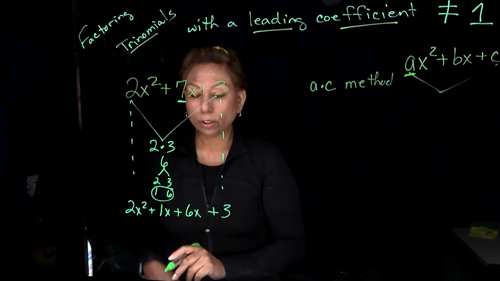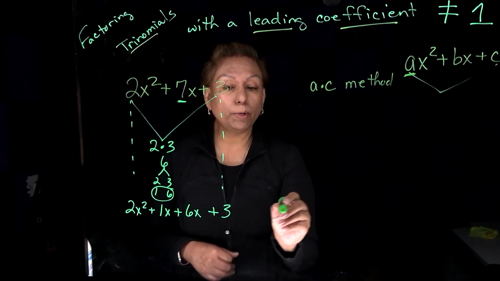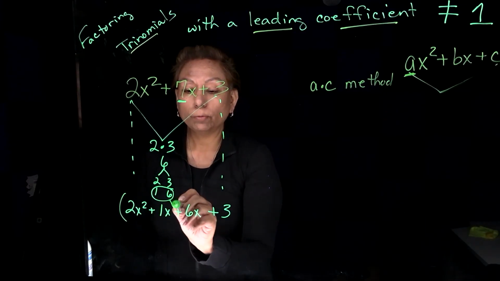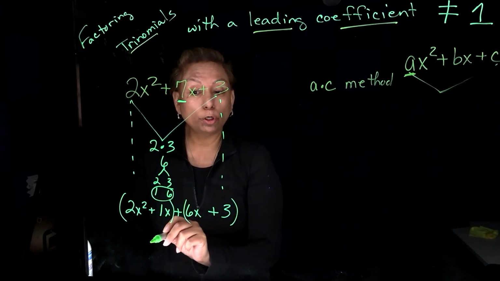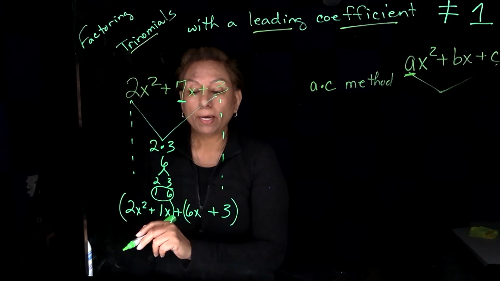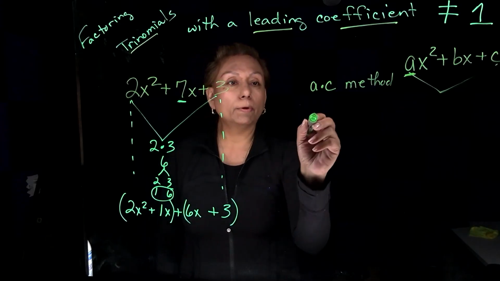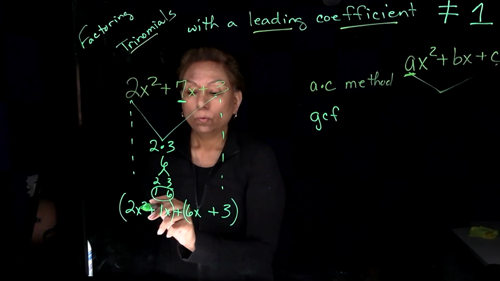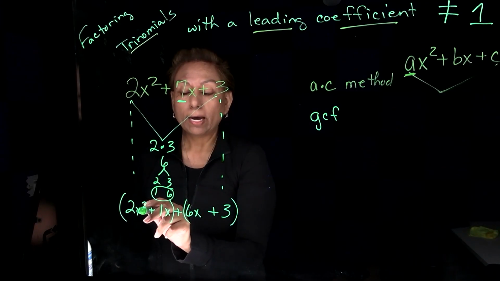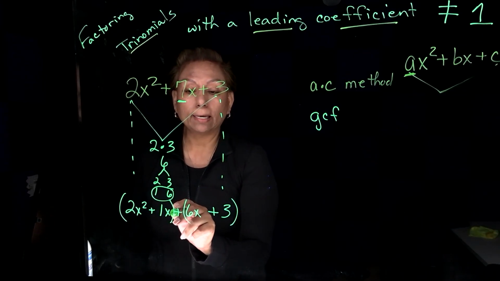Now that we have 4 terms, we bring in what we call the grouping method. You group the first pair and you group the second pair. Pair means 2 terms. Once you group the pairs, you pull out the GCF, the greatest common factor. What's the greatest common factor in 2x squared and an x?